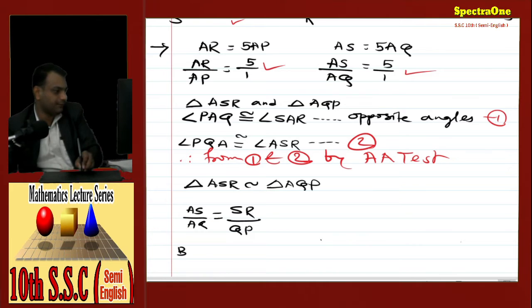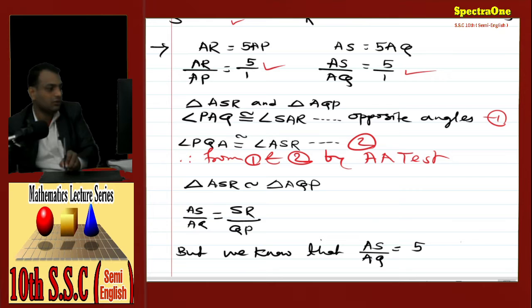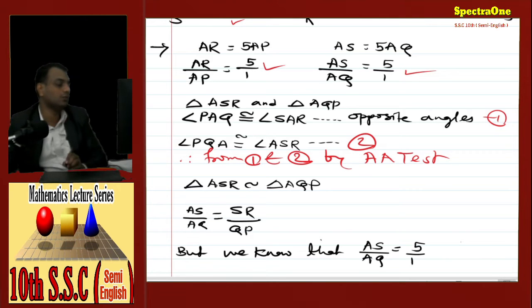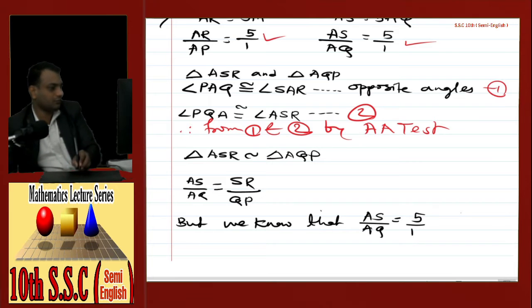But we know that the value of AS upon AQ is 5 by 1. Therefore, SR upon QP is also 5 by 1.